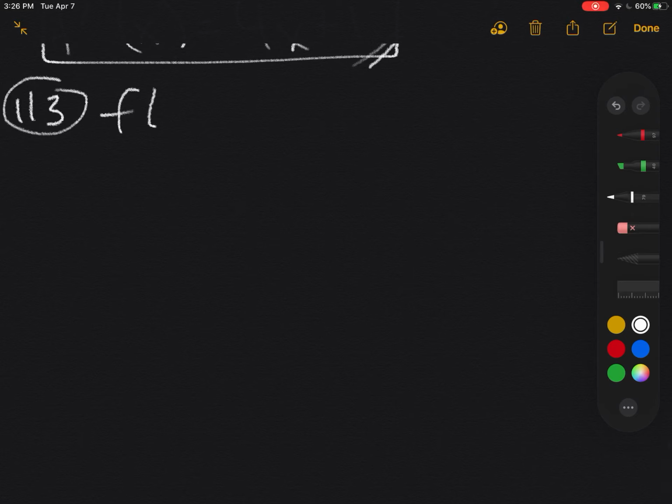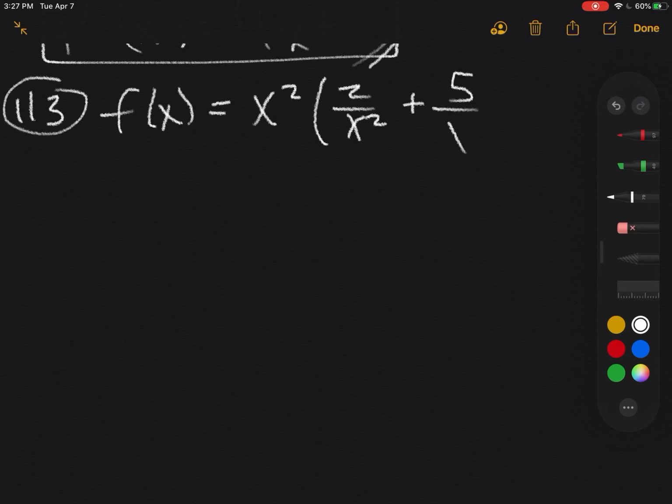All right, so 113 is a slightly more complicated version of this same idea. So I have f of x equals x squared times 2 over x squared plus 5 over x cubed.